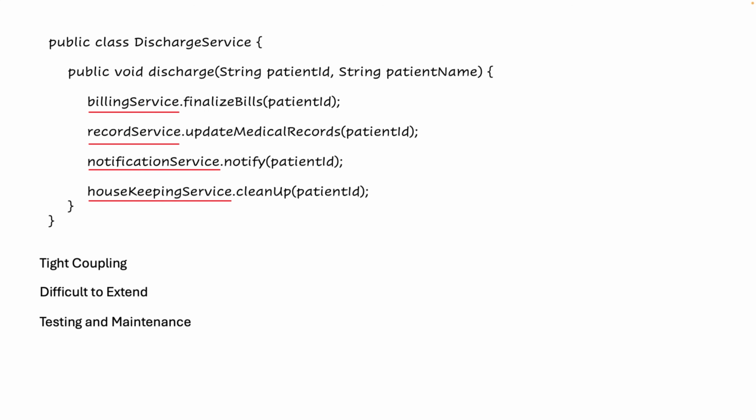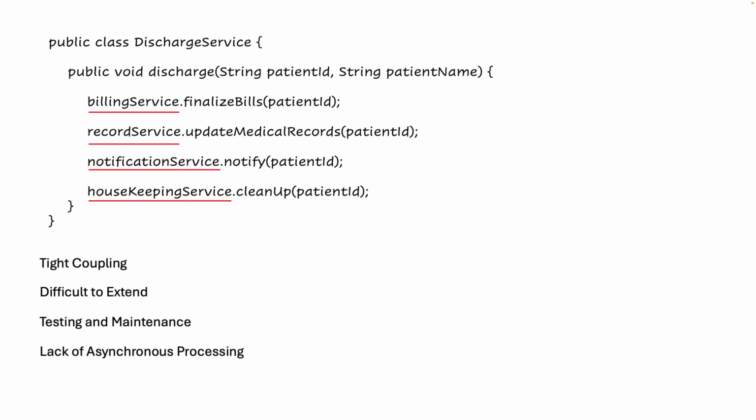Fine. Now the next drawback is the lack of async processing. If you observe, all service calls are executed in a synchronous manner, or you can say in a sequential way. If any service takes a long time to execute, it can delay the entire discharge method.